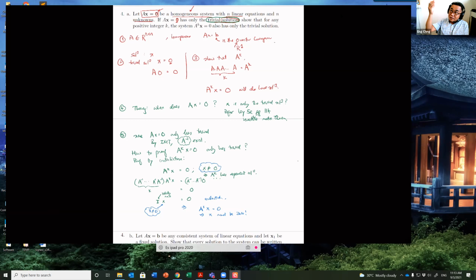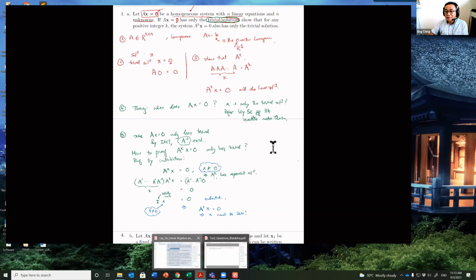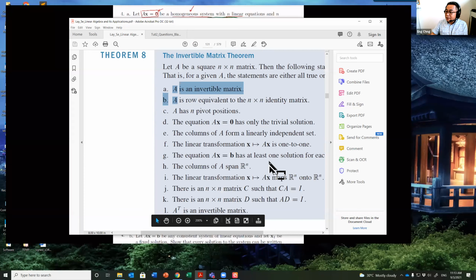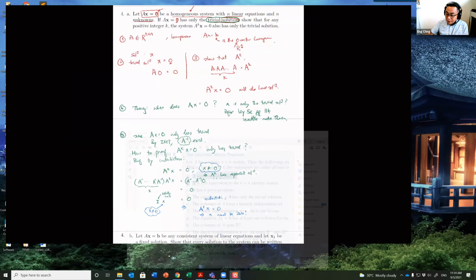A times A is invertible times invertible, of course it's still invertible. A times A^K is still invertible. Since it is invertible, by the invertible matrix theorem we are back to this guy. So there are many ways to prove this. I'm just using one of the ways. Okay, I'll pause now.